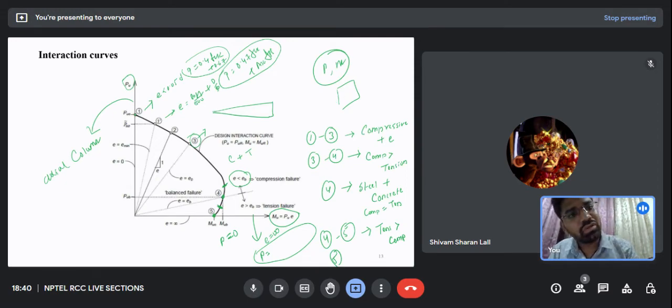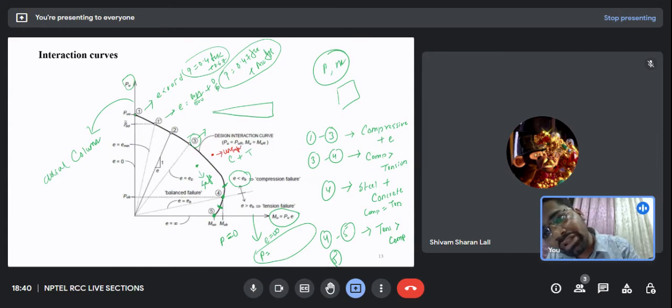What will you do? You will locate those P and M on the PM interaction curve. If the point lies inside the PM interaction curve, then it is safe. If it lies outside the curve, then it is unsafe.